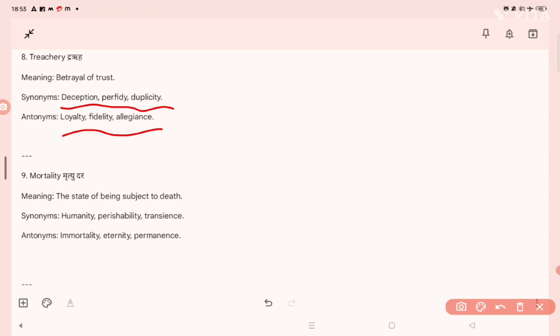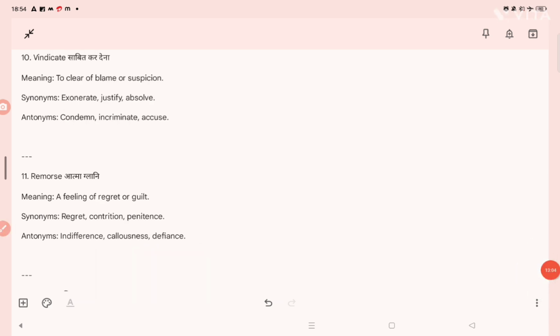Mortality: humanity, perishability, transience. Immortality, eternity, permanence. Vindicate: exonerate, justify, absolve. Condemn, incriminate, accuse.